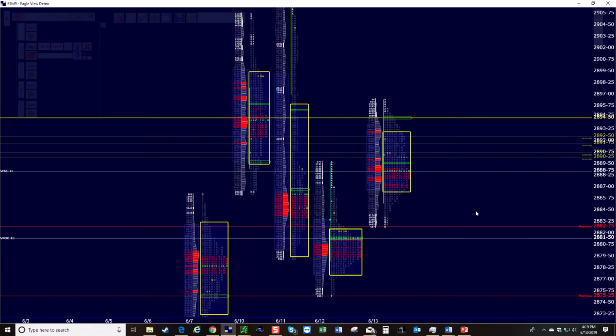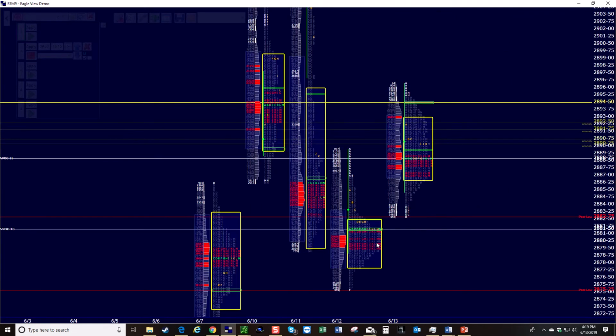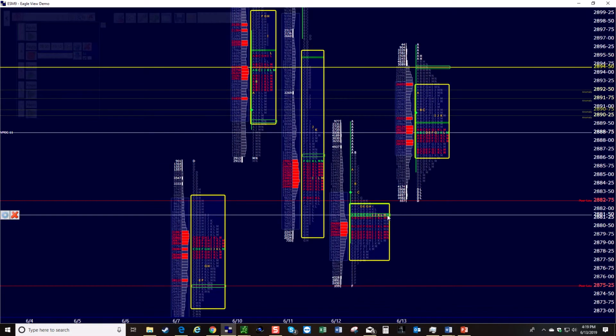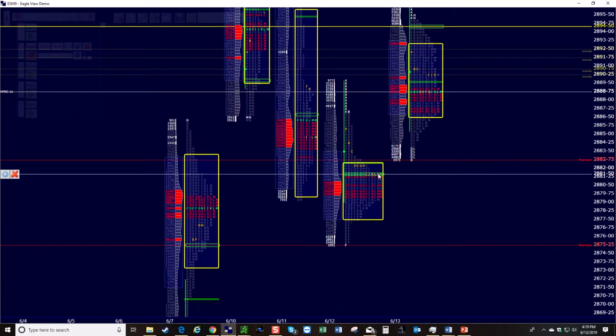Normally, if the settle was right here where my cursor is, and the point of control is right there, and the market traded up here today, technically that point of control has already been revisited. If the point of control was here and the settle was here and the market traded lower, then we have a point of control that is not revisited, and at some point in time it will be revisited to be repaired.